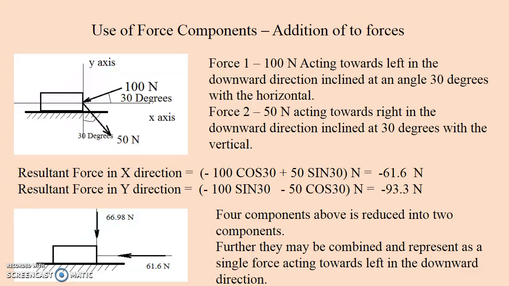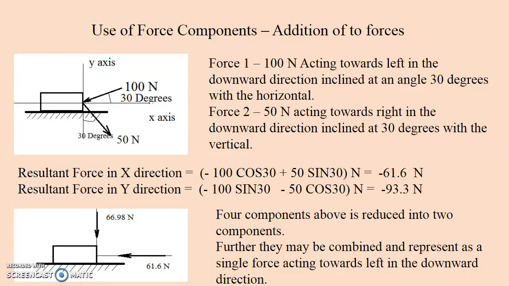Now if you want to find the combined effect of these two forces, is it 150 newtons? Obviously no, because these two are acting in different directions, so we cannot add them directly.